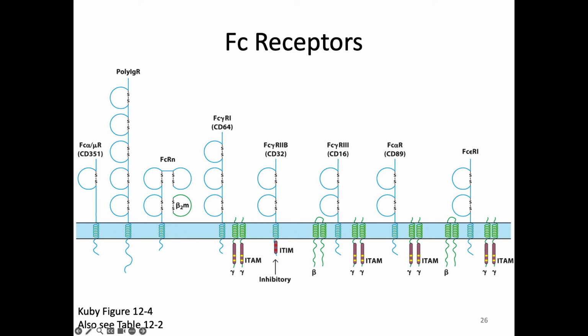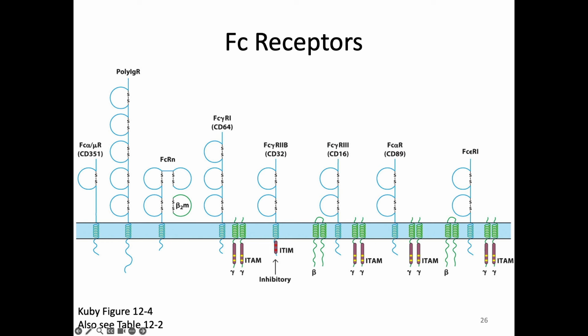Fc epsilon binds IgE, because E and epsilon are the same. Similarly, the Fc alpha receptor binds IgA. The Fc gamma receptor binds IgG, and so on. So that's 2 of our 6 functions.